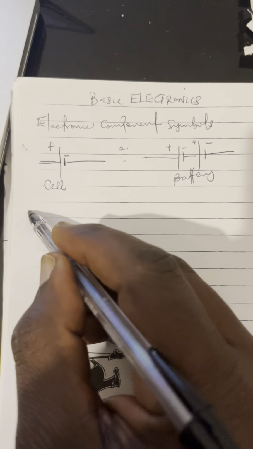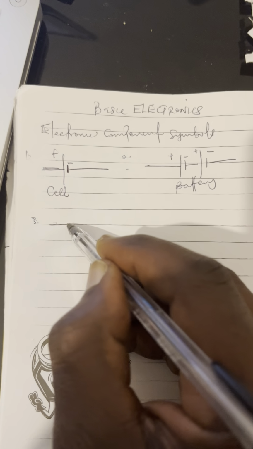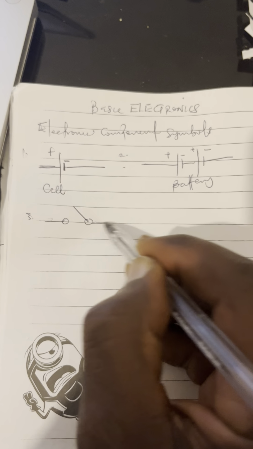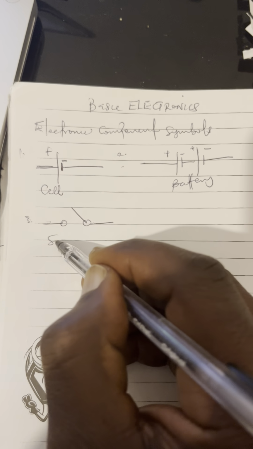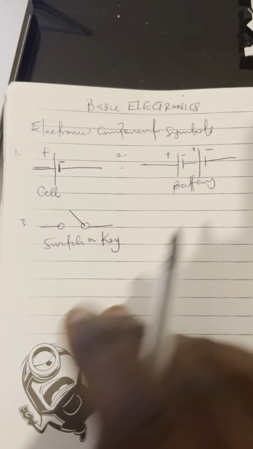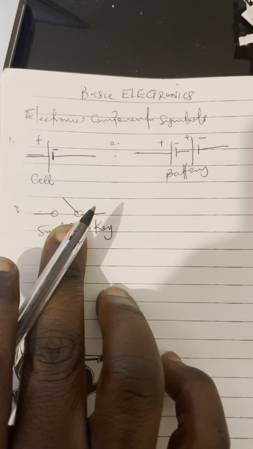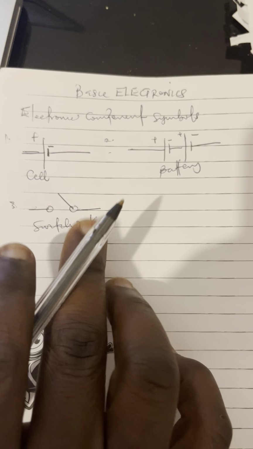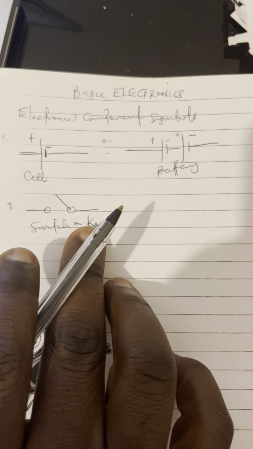Then we have another one. This is a switch, or you call it a key. When you see a symbol like this in a circuit, it's a switch or key.